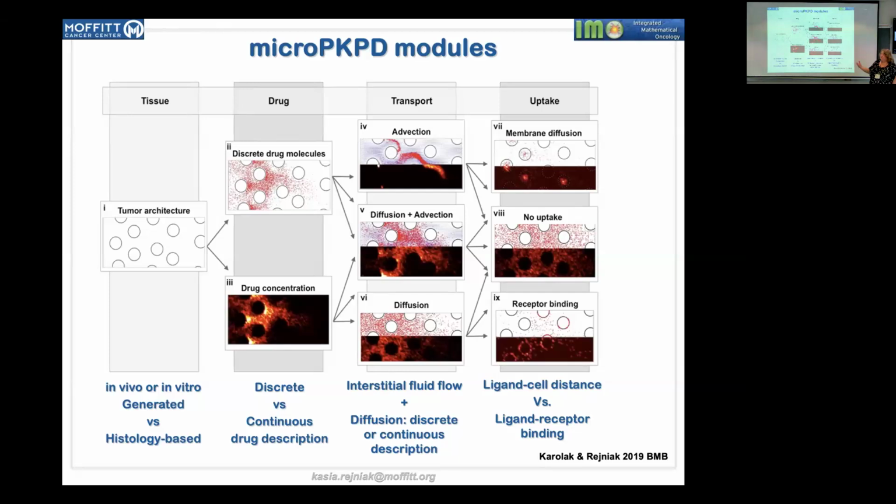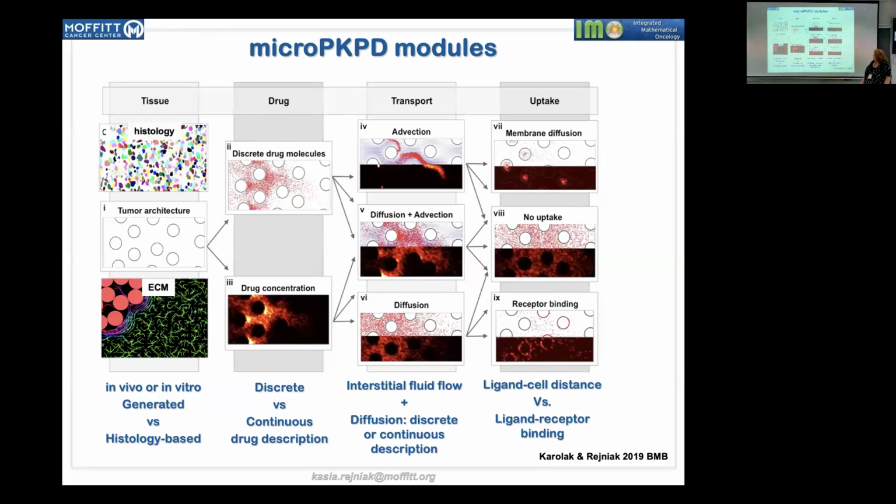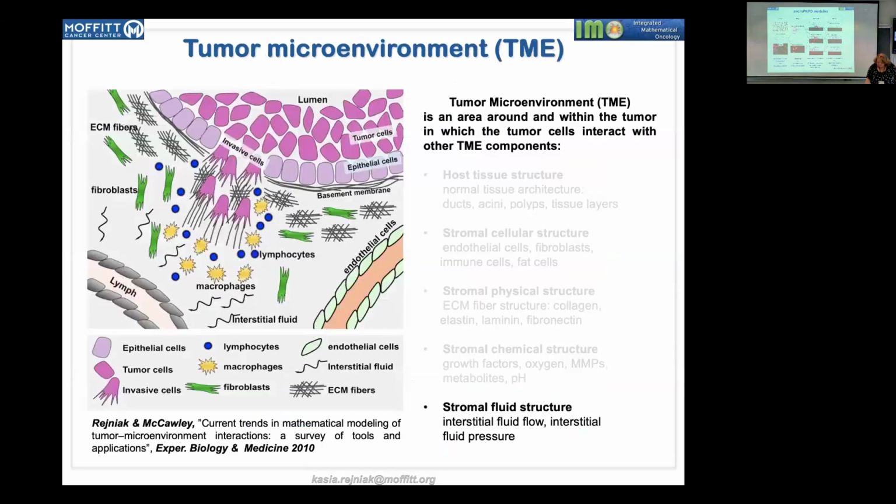And then we want to have those molecules' effect on the cells, so we could have membrane diffusion uptake or receptor binding, or there may be no uptake at all. We wrote this a couple of years ago, so we put the illustration with cells which are circular, but now we have more complex situations, so we actually discretize cells from the histology, and we can also add the extracellular matrix structure in those models.